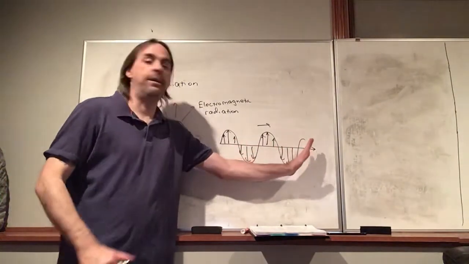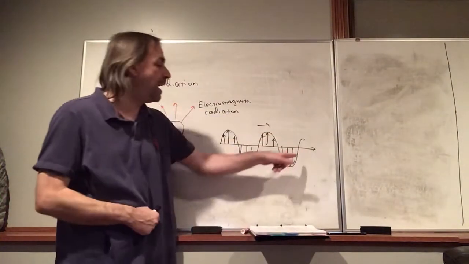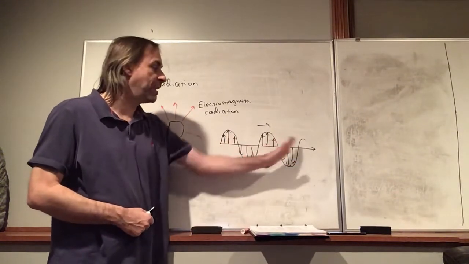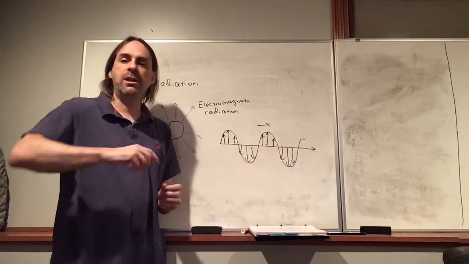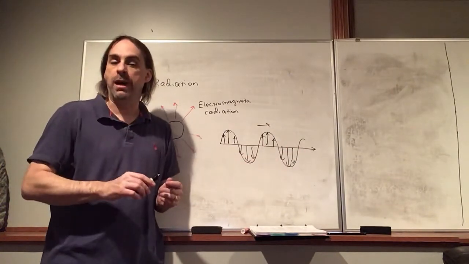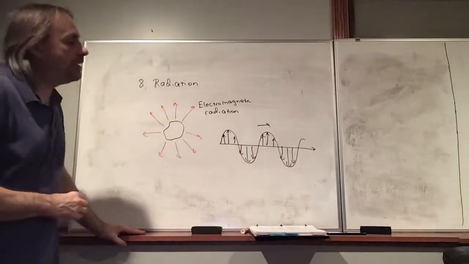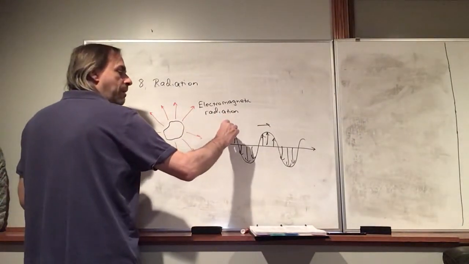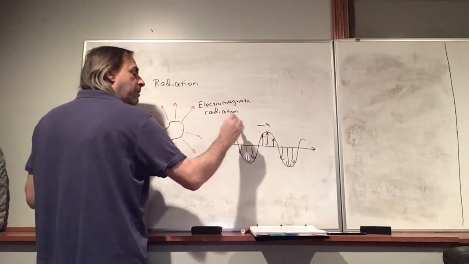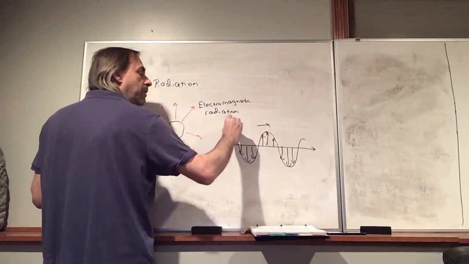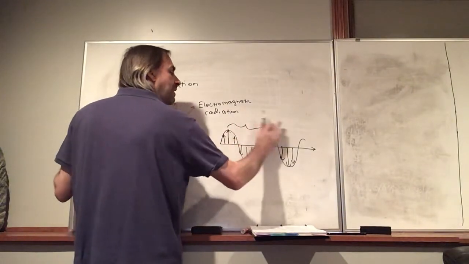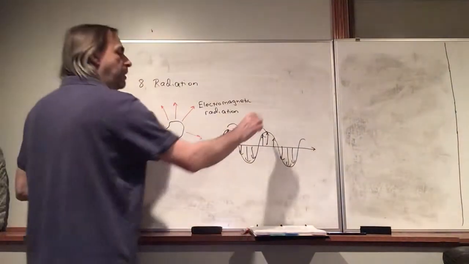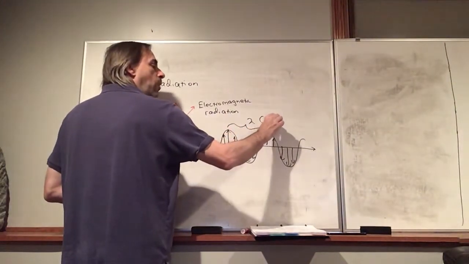If you're standing there and this beam of light goes by, here the electric field points down, and then it points up, and you're going to see the electric field oscillating up and down as the waves pass you. Here we have a peak electric field, and here's another peak electric field. We say the distance from one peak to the next is the wavelength. We use this Greek letter lambda for wavelength.